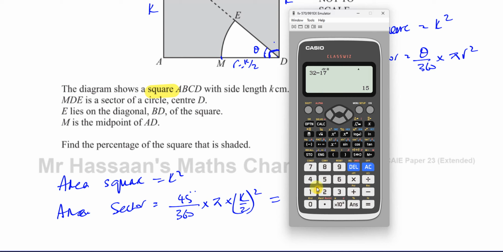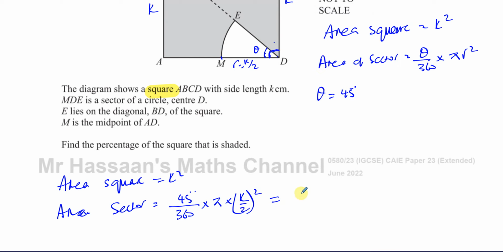Yeah, 45 over 360 is 1 over 8. I'll just show the steps, step by step. So we're going to have 1 over 8 times pi times k squared over 4. So you have k squared pi over 32. That's the area of the sector.